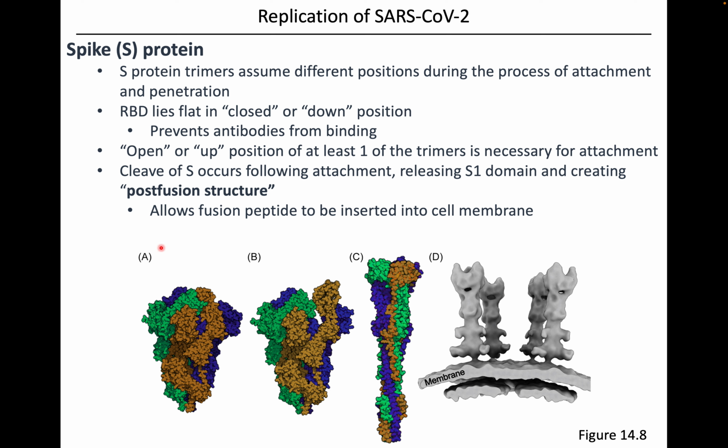So just to zoom in on the spike protein, I wanted to point out they actually have trimers of spike protein here, and the spike protein can exist in these three conformations that are each going to have distinct functions. So you have what's called the closed or down position that's shown on the left here, and they think this can essentially prevent antibodies from binding to the spike protein, right?